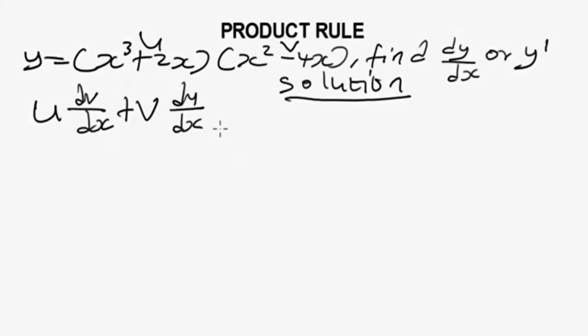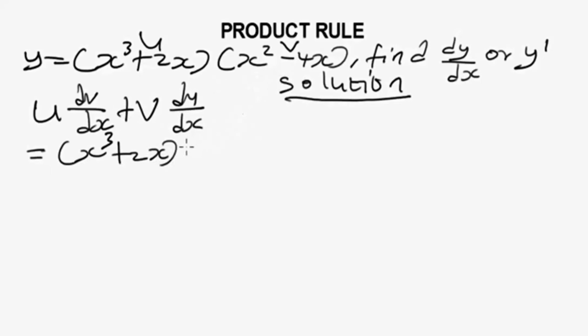Okay, having known that, this is now equal to, in brackets x cubed plus 2x bracket close. This time around differentiate the values for v.